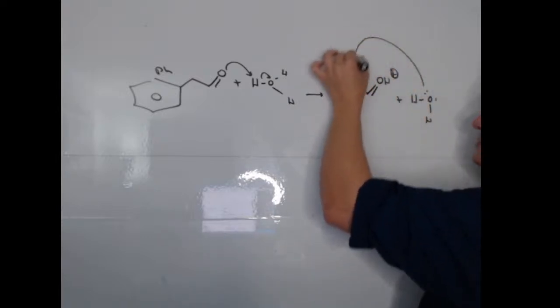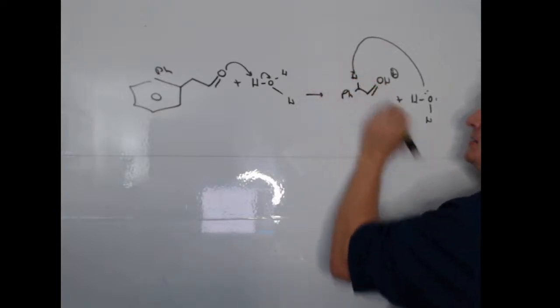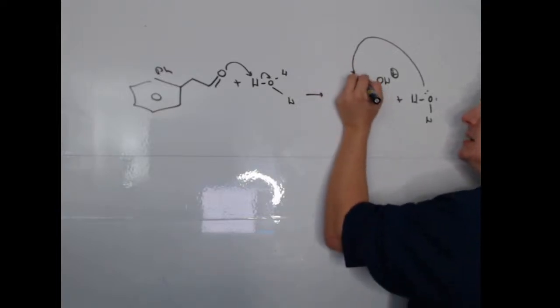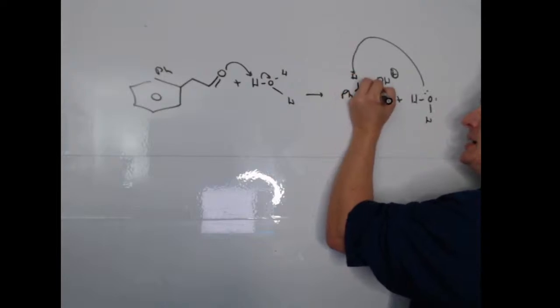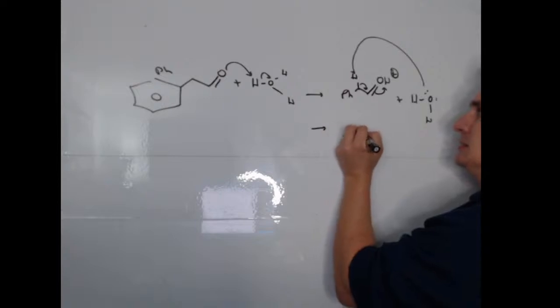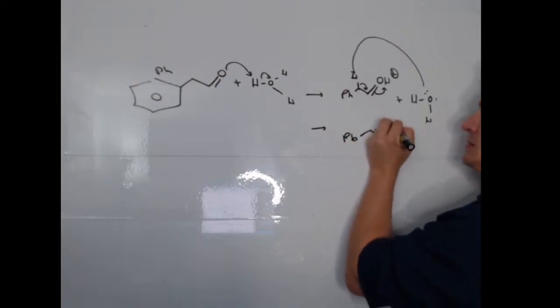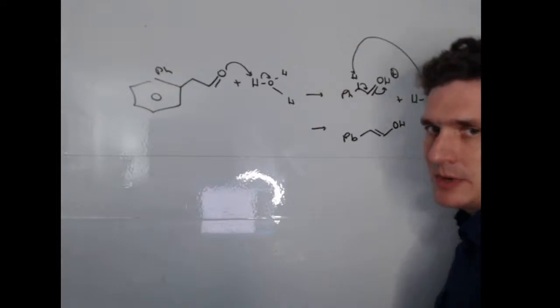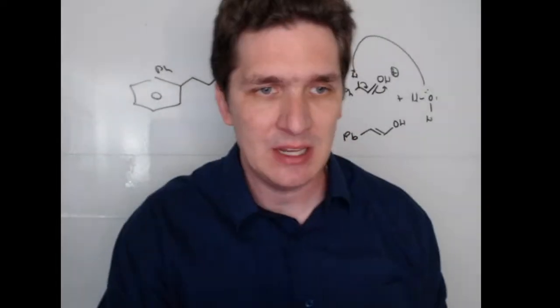This water will abstract the hydrogen, and in abstracting the hydrogen, it'll kick the bond around, and we end up generating this OH. Now, let me see how many steps it's breaking into.